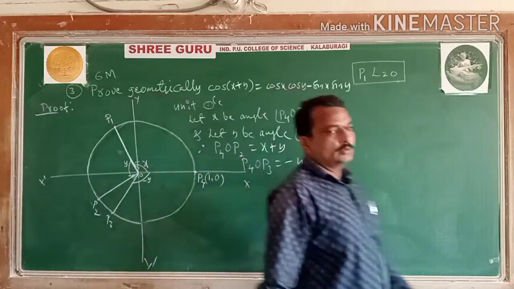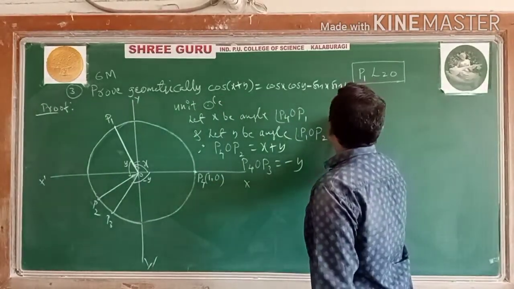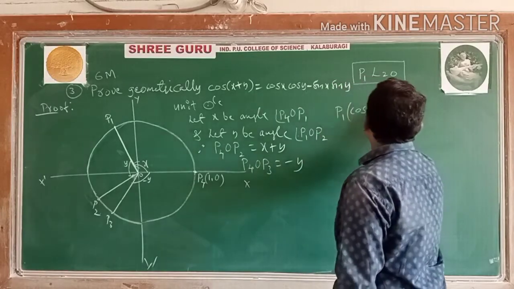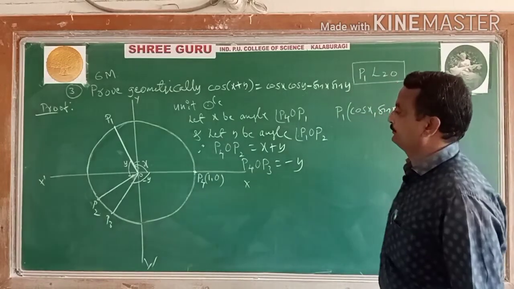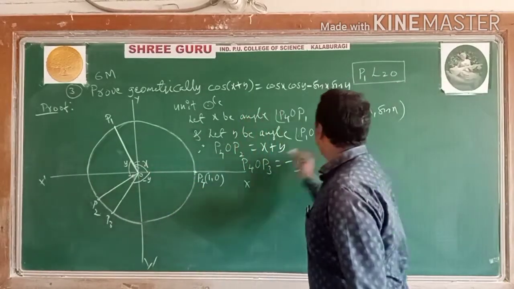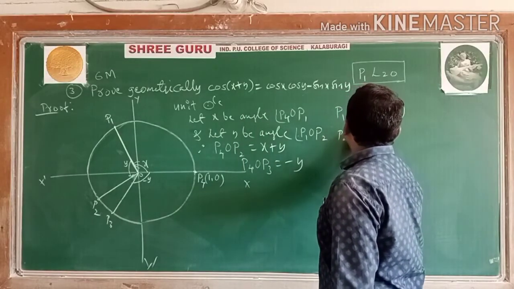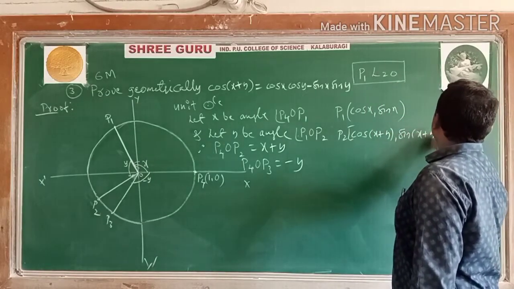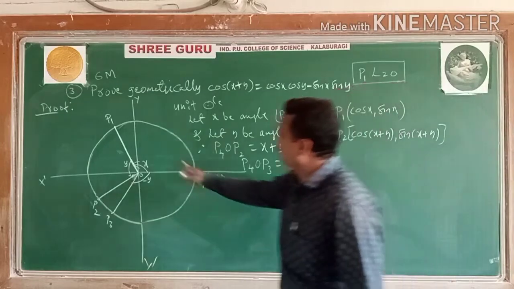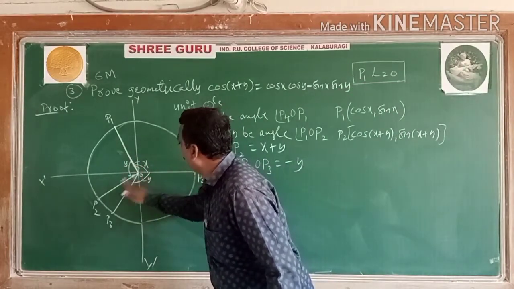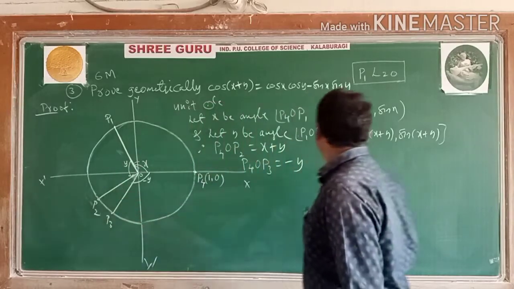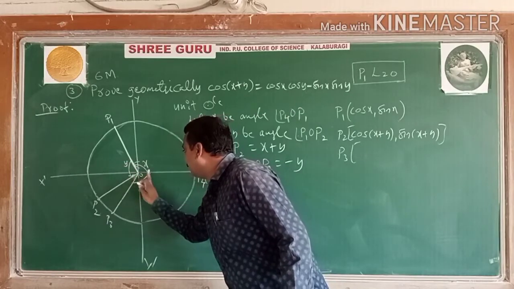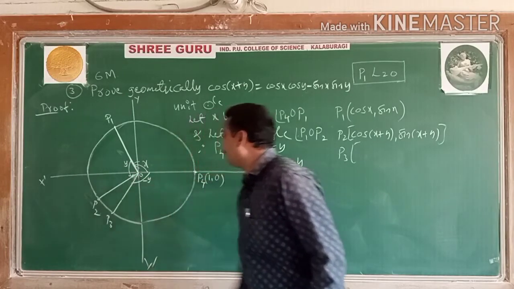Then the coordinates of the point P1 on the circle are cos x, sin x, because it makes an angle x. P2 is the point cos(x plus y), sin(x plus y), because P4OP2 makes x plus y. Now P3: the two angles x and y are in the anti-clockwise direction, and this is the clockwise direction, minus y.